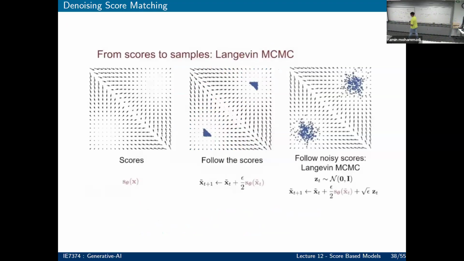Then we can look at this in two ways. On the left is the original score, the score function. The one in the center is what happens if you follow this score and just try to generate data: this data becomes really dense. If you do it with a noisy version of it, this becomes what you're learning. So, can anyone tell us why this might be better than this one?